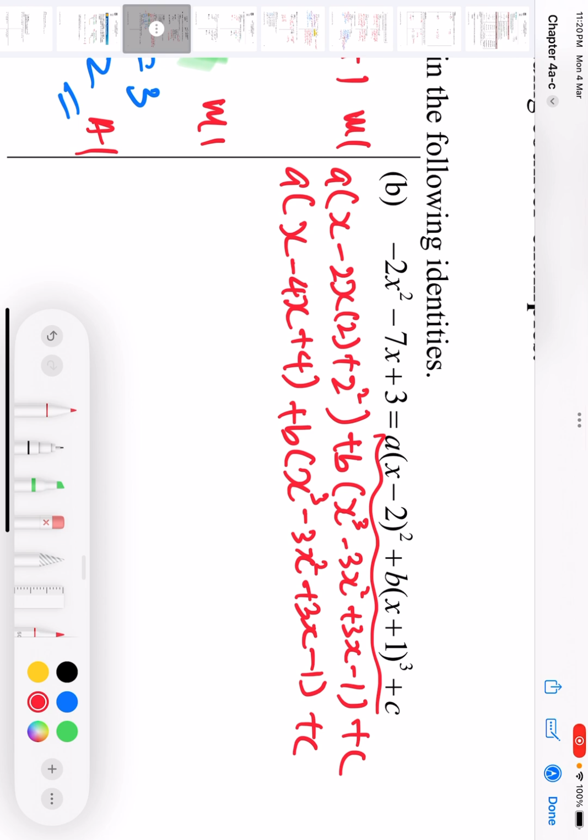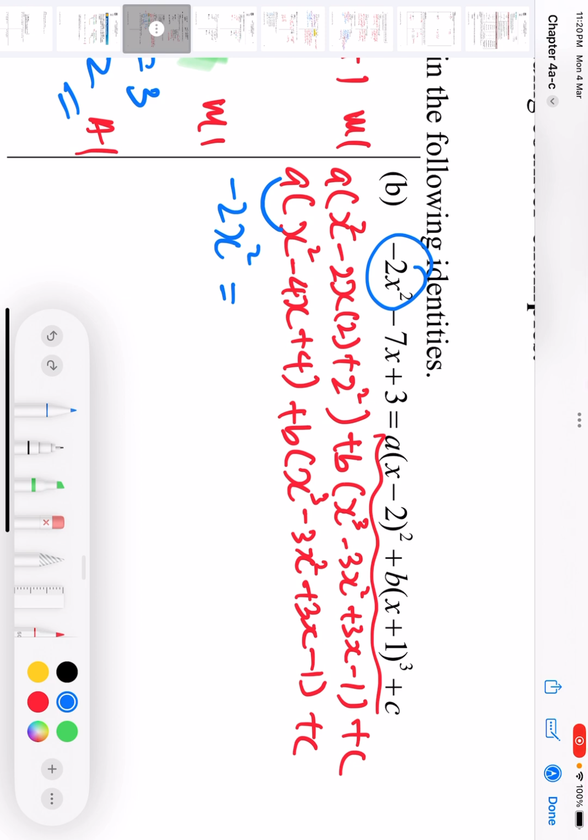What I want to see is that this is actually negative 2x squared. And how do I get x squared? The only possibility of me getting an x squared, oops, I forgot this thing over here is a square. The only possibility of me getting an x squared is a times x squared, because if I were to expand any others, I do not get the x squared.